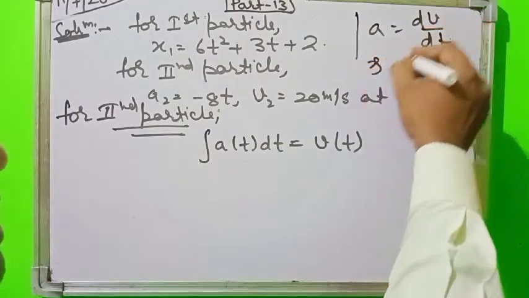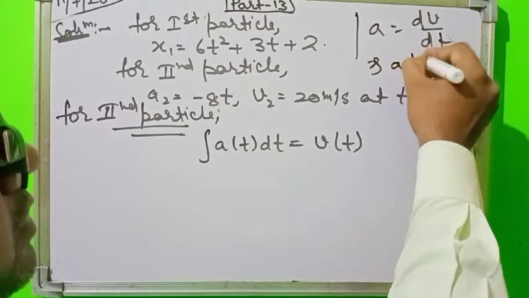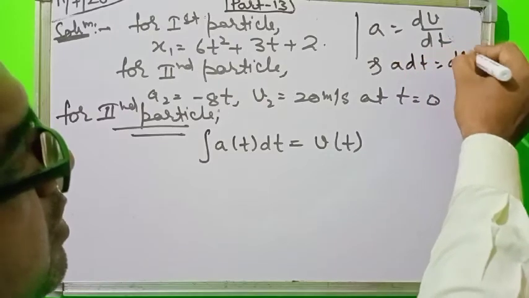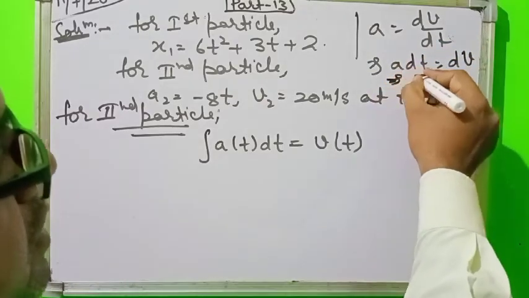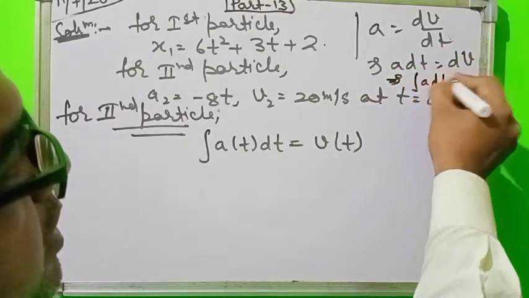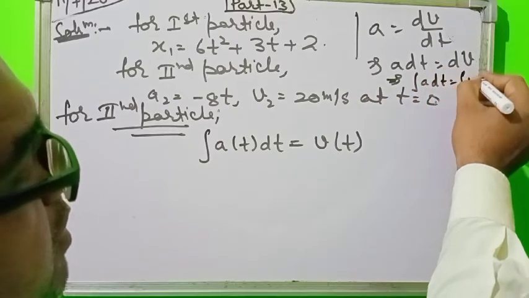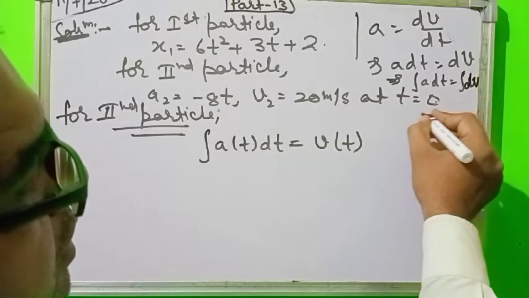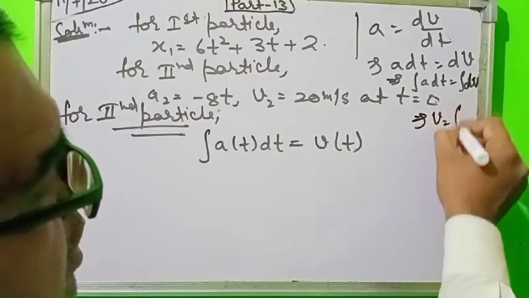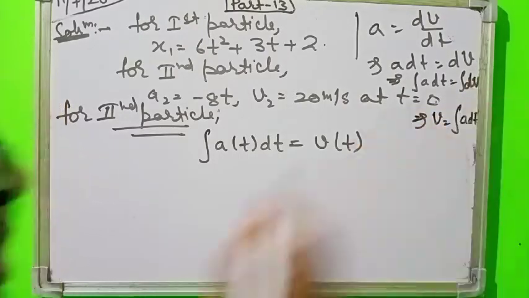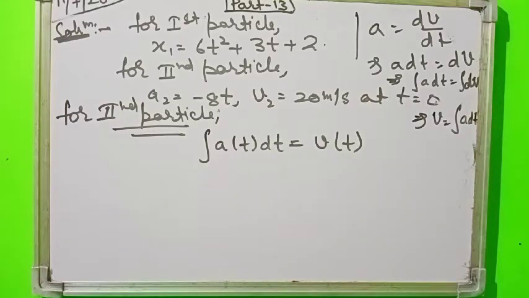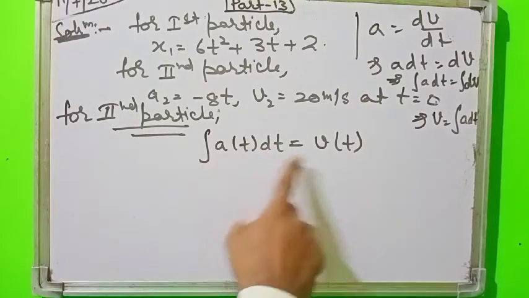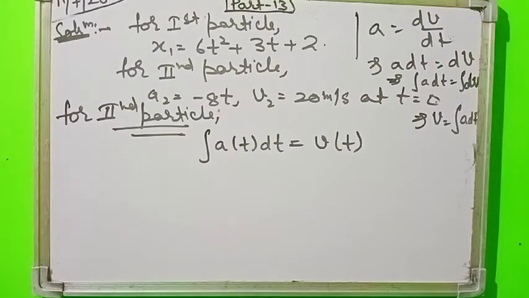So you can say that a dt is equal to dv, or integration of a dt is equal to integration of dv, or v is equal to integration of a dt.